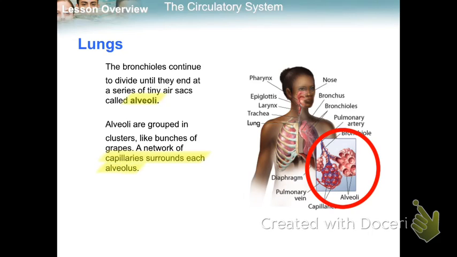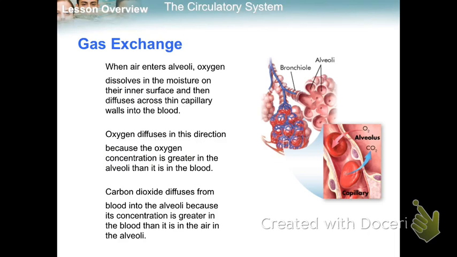Capillaries surround each individual grape, or alveolus. When air enters alveoli, oxygen dissolves and diffuses across the thin capillary walls into the blood. Oxygen moves in this direction because it's greater in the alveoli than it is in the blood.